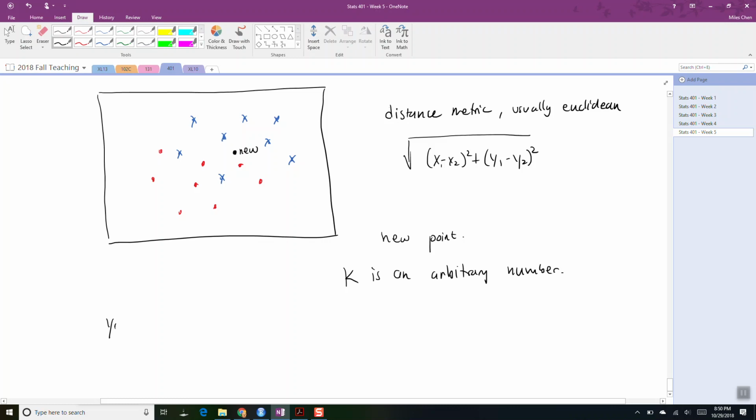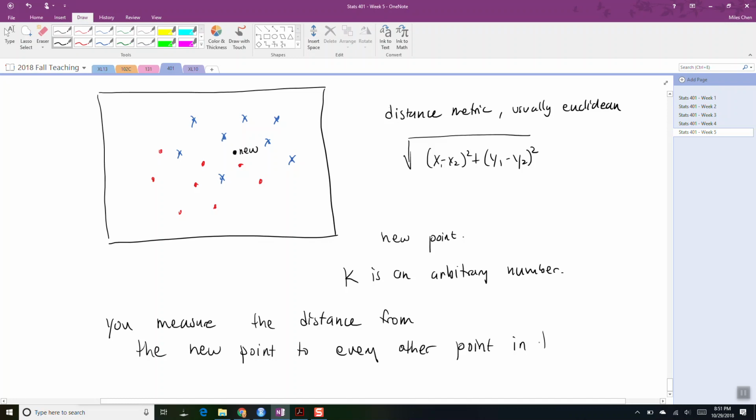And you will measure the distance from your new point to every other point in the data set. I guess I should say in the training data.